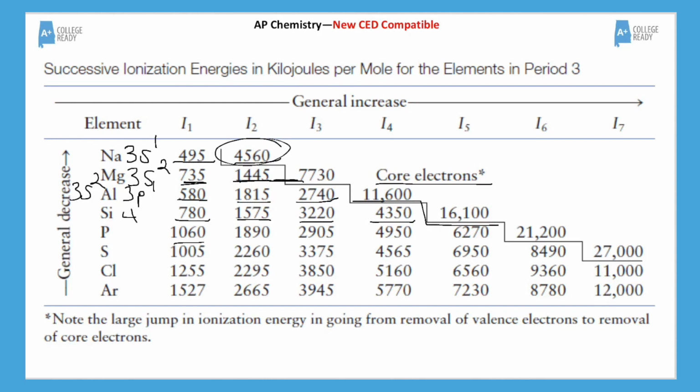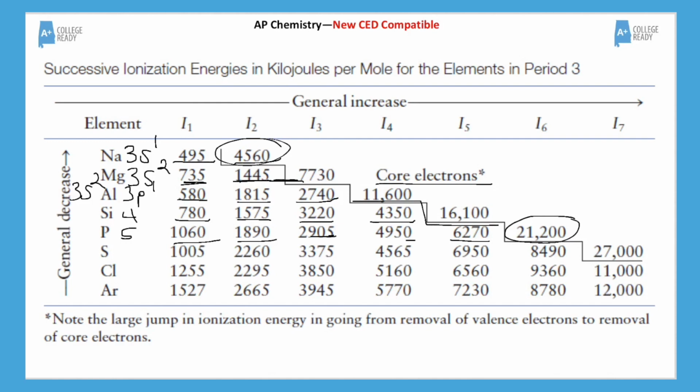Phosphorus is going up, it's going up, it's going up, it's going up, but notice none of these are even doubling as we go even from 2,905 to 4,950. They're just increasing. It's this like 4-fold increase that tells us that phosphorus had 5 energy numbers, and then the 6th one, it was no longer valence.